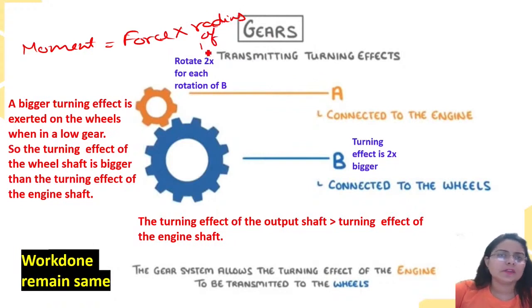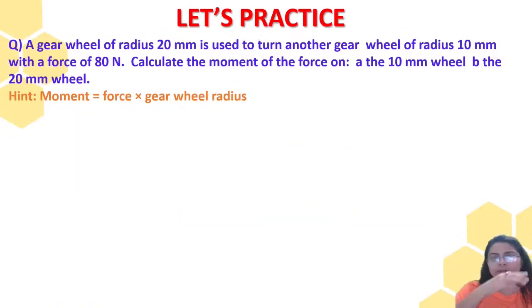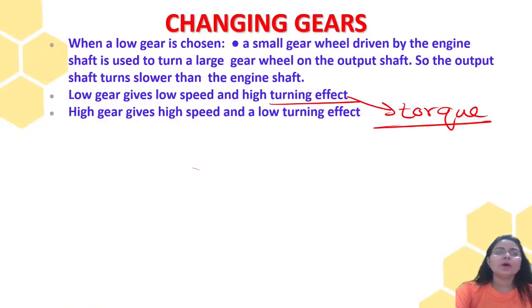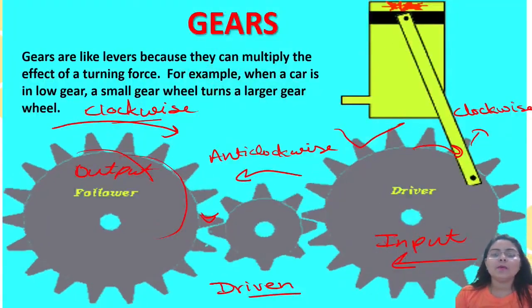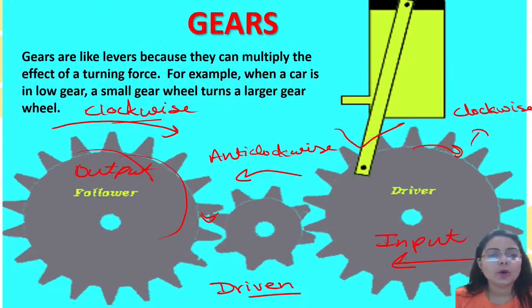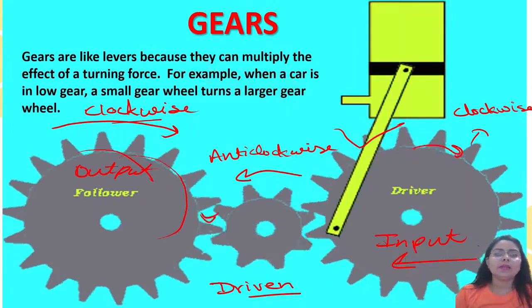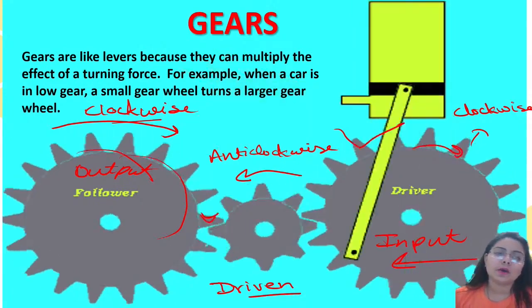You can say radius of the gear, whatever you feel like. All are the same, there is nothing much difference. Gear wheel radius. So whichever gear wheel we are using right now, we can put any of them.